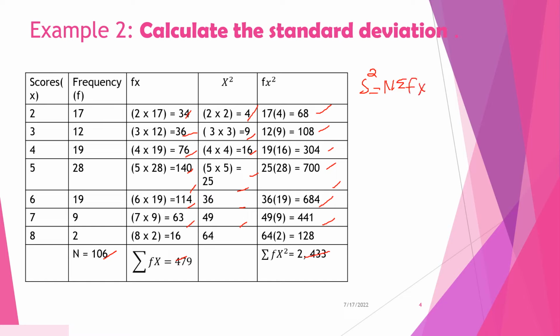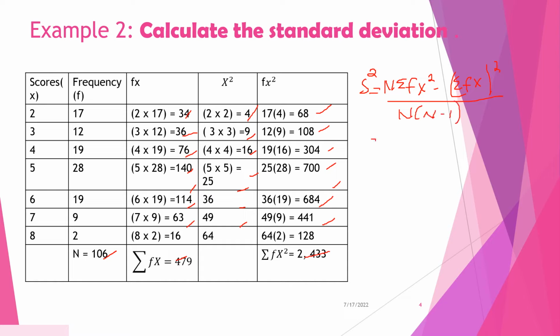To get the variance, we have the formula: n times the sum of fx squared minus the sum of fx, squared, over n times n minus 1.